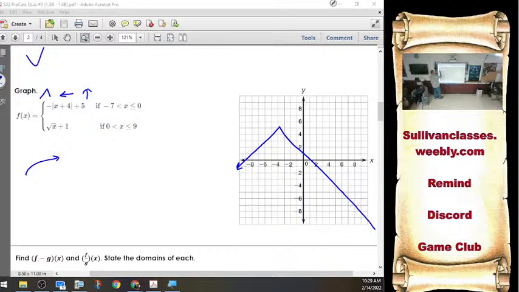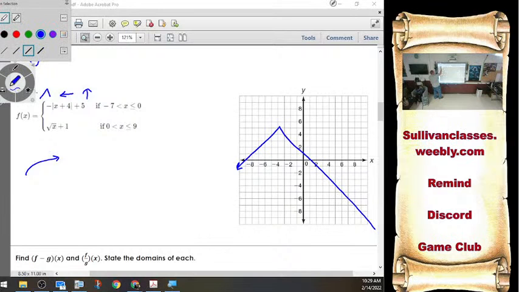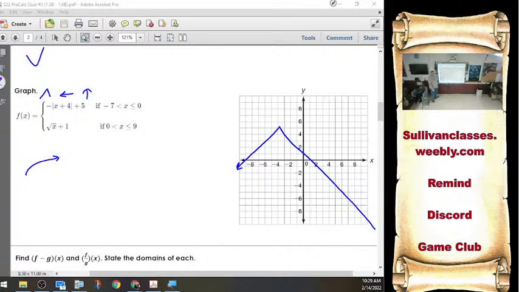That's where the graph is, but where's the only place I actually care about it? -7 to 0, watch your open and close circles. At -7, I will have an open circle all the way until 5. Down, I want to actually hit my points here, until 0, closed circle. And I erase the parts that don't matter.